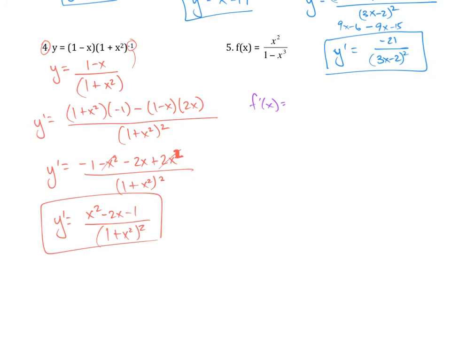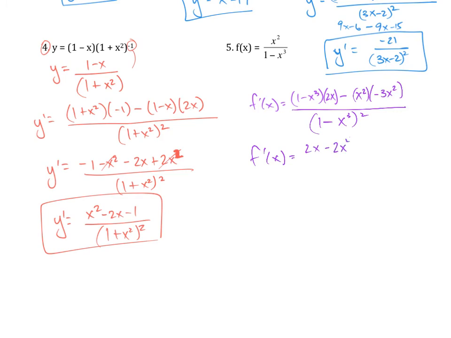So over here, we've got the bottom times derivative of the top. That would be 2x. Bottom times the derivative of the top minus the top times the derivative of the bottom, which would be negative 3x squared, all over this bottom. 1 minus x cubed squared. Let's clean up the top. And I'm going to get here 2x minus 2x to the 4th.